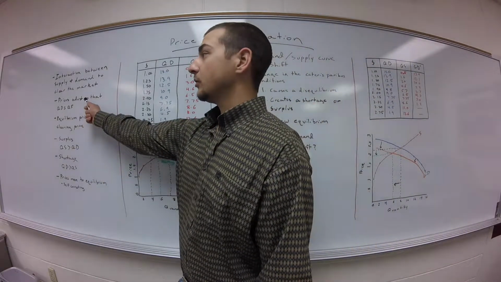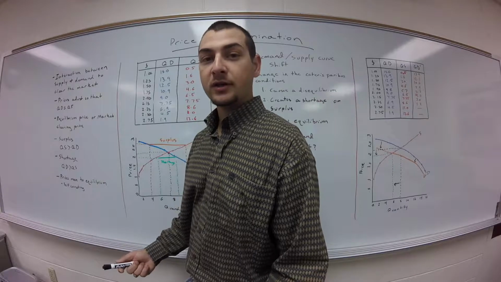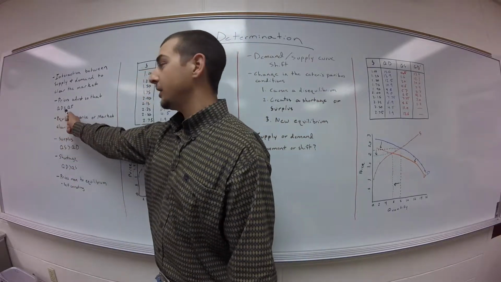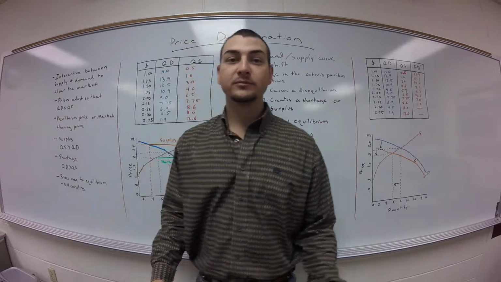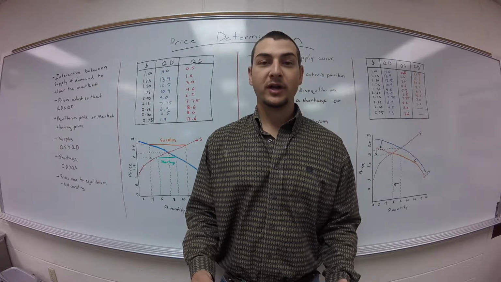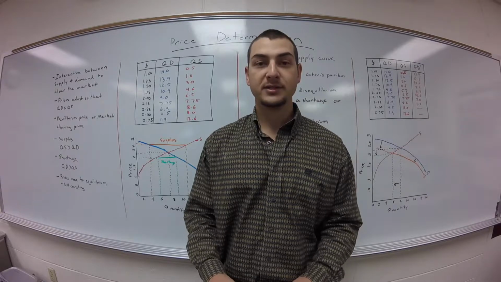So, prices will always adjust in a perfectly competitive market, or in a free price market, so that quantity supplied equals quantity demanded. Remember from the previous two videos, quantity demanded is the amount that is being demanded at a single specific price.